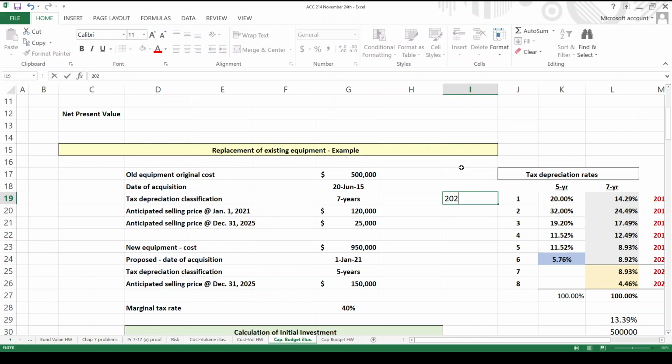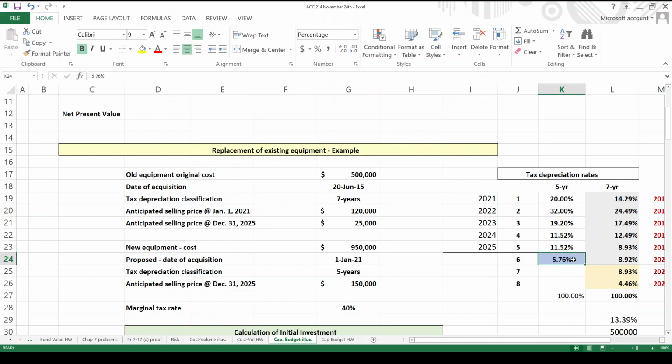So we got 2021. And if everything goes according to plan, at this point in time, we'll sell off the new equipment, new in 2021, and maybe we'll get something else.